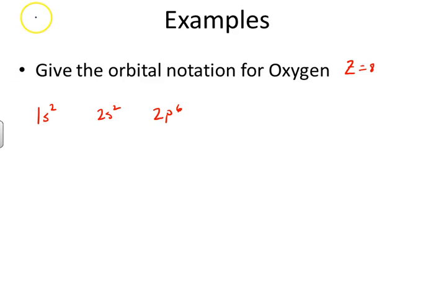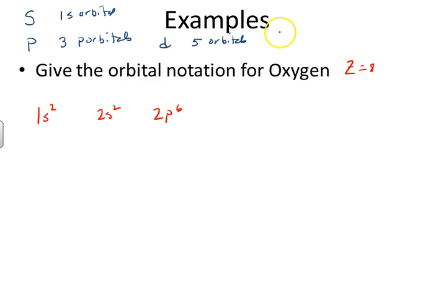For instance, in s sublevels, we have one s orbital. In p sublevels, we have 3 p orbitals. In d sublevels, we have 5 orbitals. In f sublevels, we have 7 f orbitals.